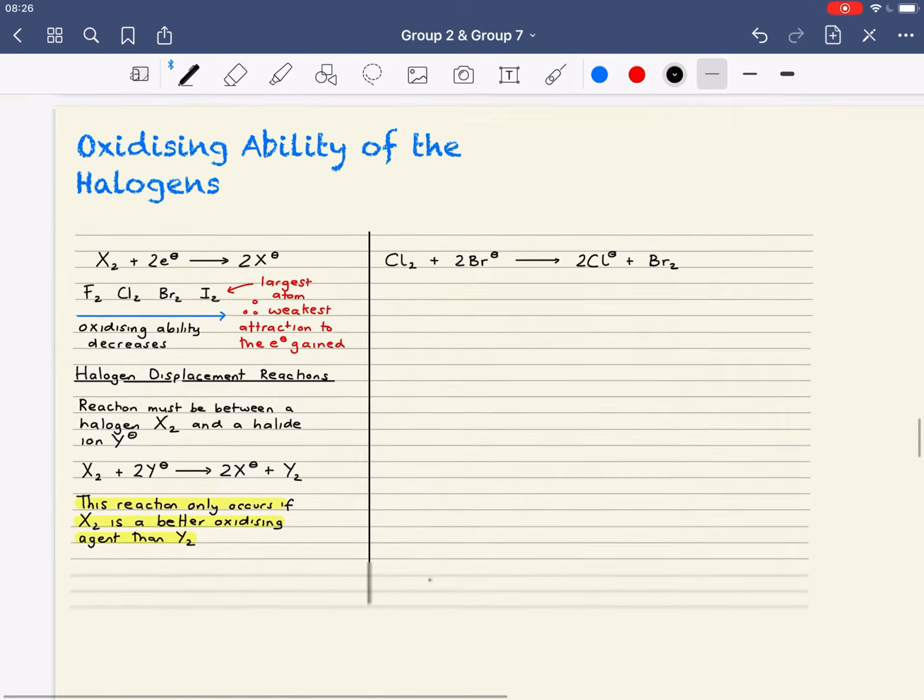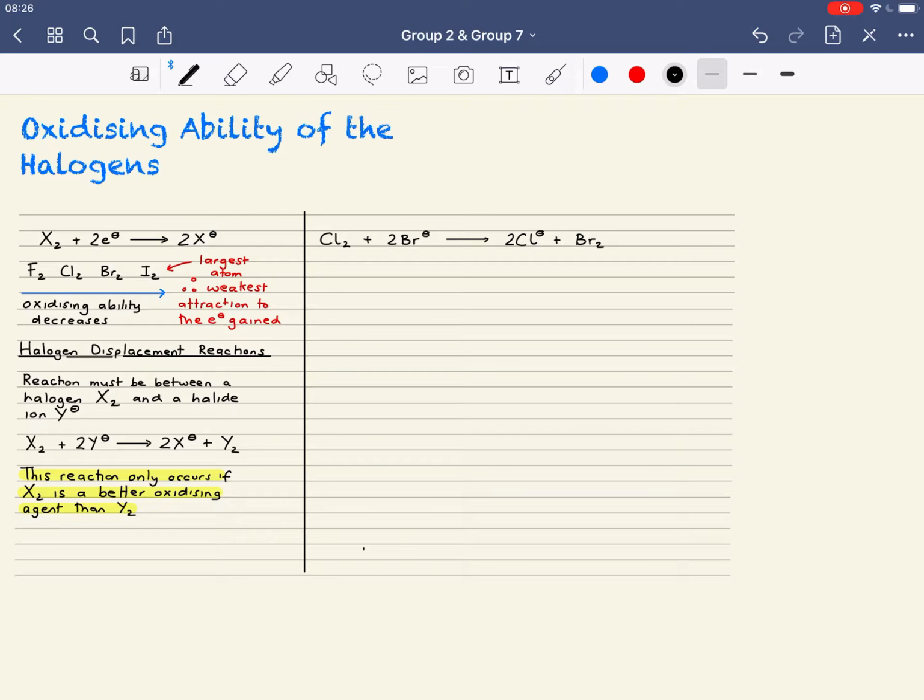Well, does this reaction occur according to my statement here? As it said, this reaction occurs if X2 is a better oxidizing agent than Y2. X2 in this case is chlorine. And is chlorine a better oxidizing agent than bromine? Well, we can see here from the trend that oxidizing ability decreases as you go down the group. So chlorine is a better oxidizing agent than bromine. So that reaction there will happen.